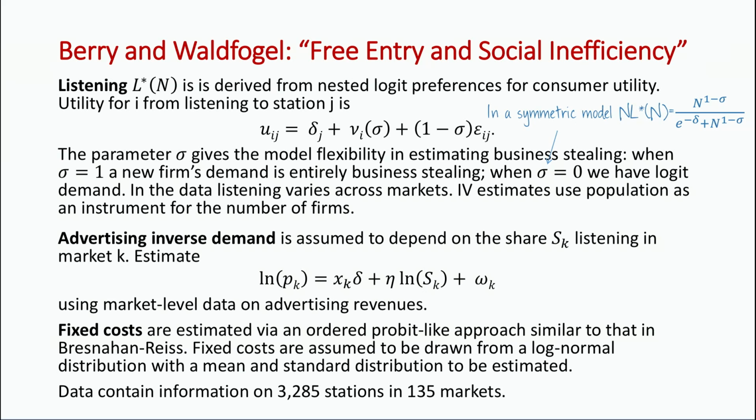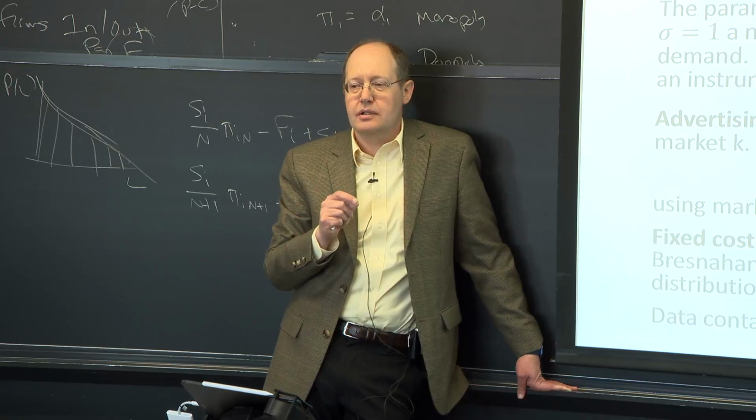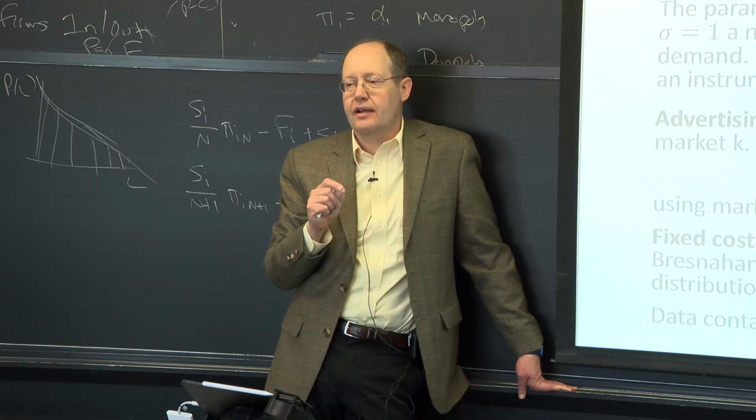The idea here is that by having a sigma that can vary between 0 and 1, sigma equals 0 is the pure logit model, where when you add another station, it draws customers equally from all of the other stations and from the non-listeners. And in radio, non-listeners are most people. In most half hours, most people in the United States are not listening to the radio.